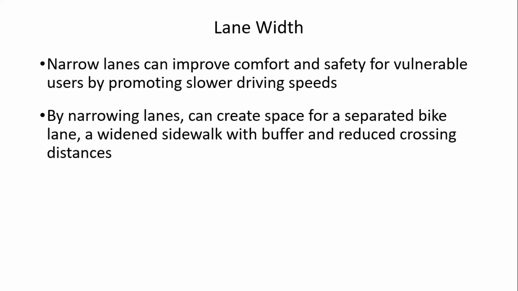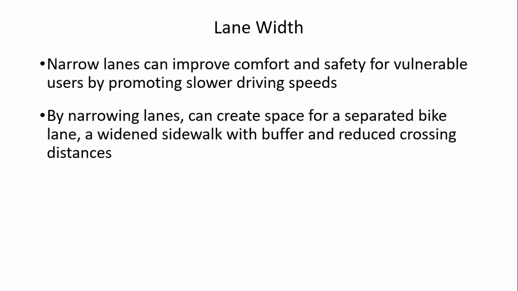Looking at cross-section elements, which of course relates to the width and the elements such as the traveled way, the shoulders, sidewalks, that sort of thing. One of the big things to consider when it comes to cross-section is lane width.